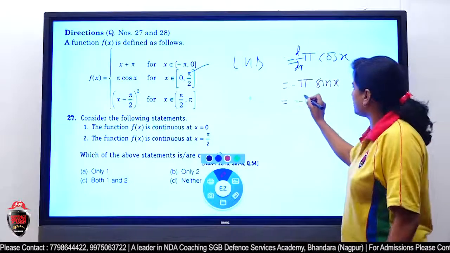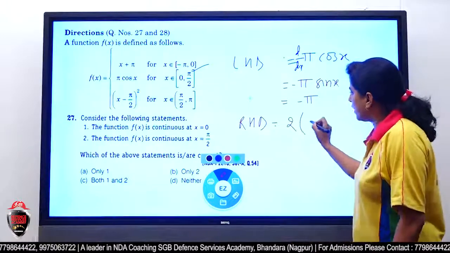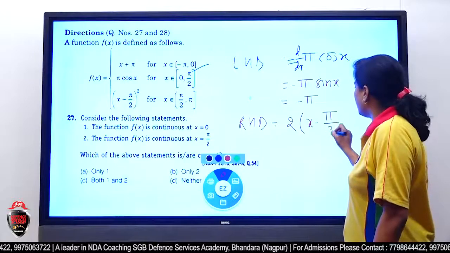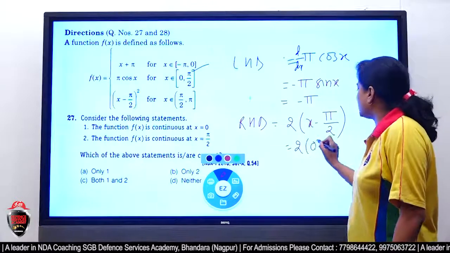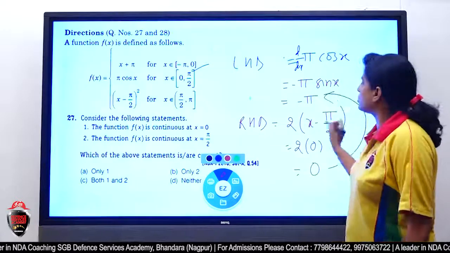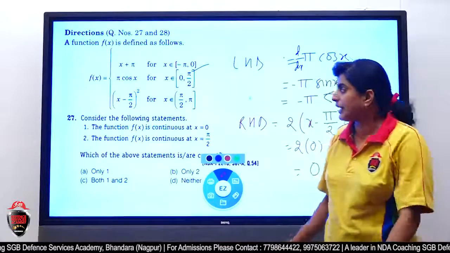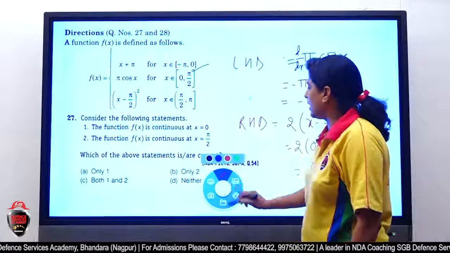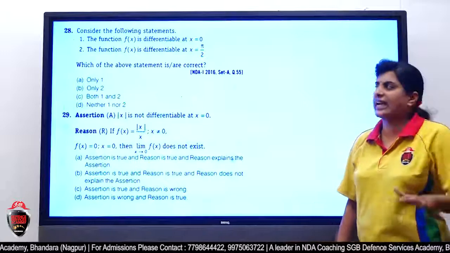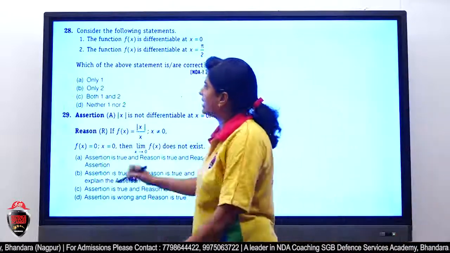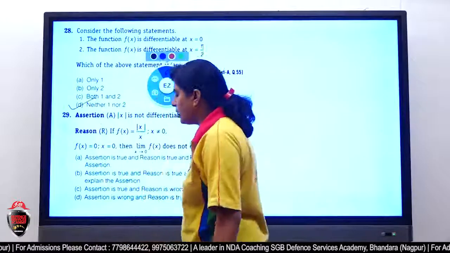It means it's a minus π. राइट हैंड डेरिवेटिव की जब बात कर रहे हैं तो 2 टाइम्स ऑफ (x - π/2), x टेंड्स टू π by 2, so 2 into 0 is equal to 0. Function is not differentiable at कहाँ पे? तो at x is equal to 0 and x is equal to π by 2. It means our most appropriate answer for 28 is neither 1 nor 2. 1 भी नहीं और 2 भी नहीं.